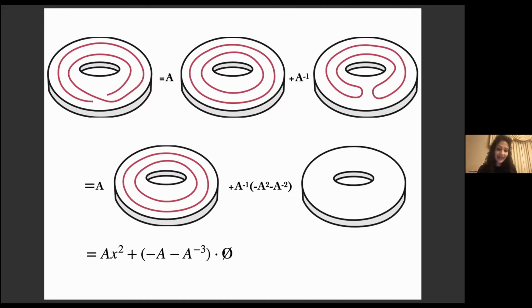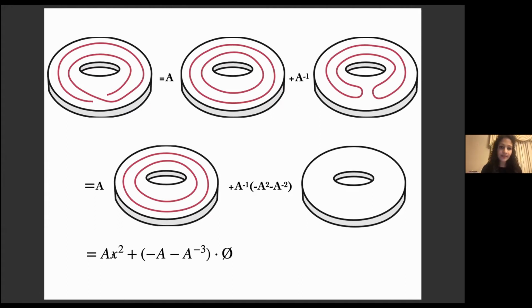What we finally get is an element in the Kauffman bracket Skein module, A x square plus negative A minus A raised to negative 3 times the empty link. And x over here represents the homotopically non-trivial curve in the annulus.